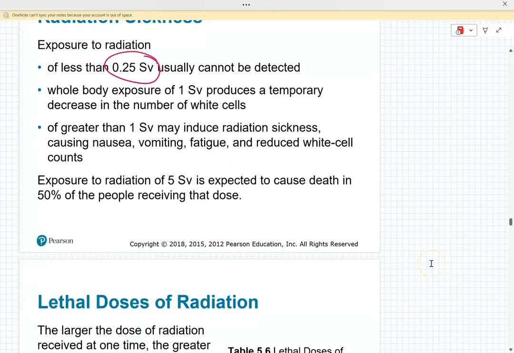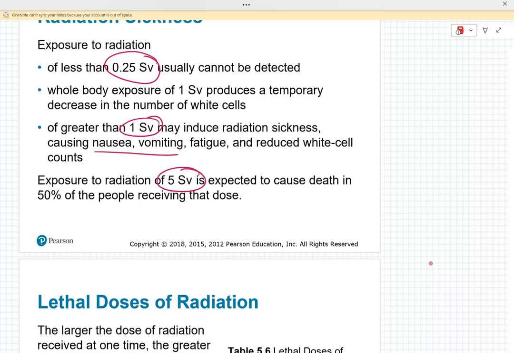So this is the answer to Zach's question. 5 sievert, LD50, the median lethal dose of radiation. If you take 100 people, expose each person to 5 sievert, 50 people will die. And others will be very, very sick. Okay? More than 1 sievert, that's what we're talking about.